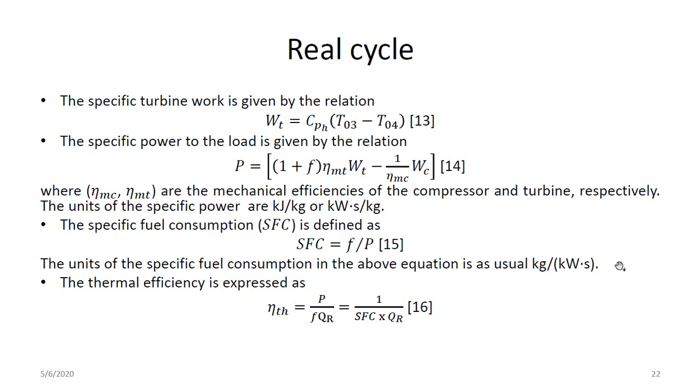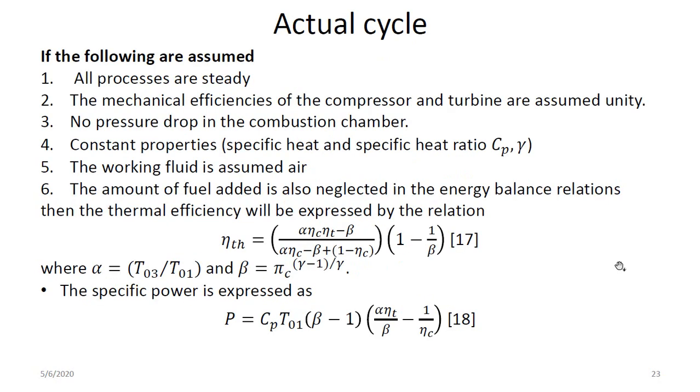And the thermal efficiency for an actual case will be the specific power, the power available to drive the load, divided by the fuel air ratio multiplied by the lower heating value of the fuel. Or you can take the reciprocal, because P divided by F is the reciprocal of the specific fuel consumption. So the thermal efficiency is equal to 1 divided by the specific fuel consumption multiplied by the heating value of the fuel. Okay?